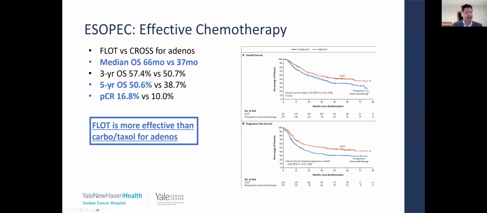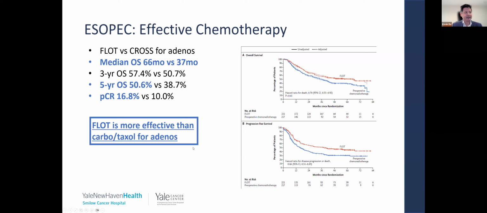And even in adenocarcinomas, the aggressive FLOT regimen improved the pathologic complete response rate compared to the CROSS regimen. So the ESOPEC trial showed us that FLOT chemotherapy is the appropriate regimen for esophageal adenocarcinomas, and probably more effective than carboplatin-paclitaxel.